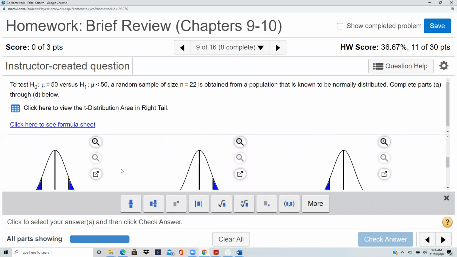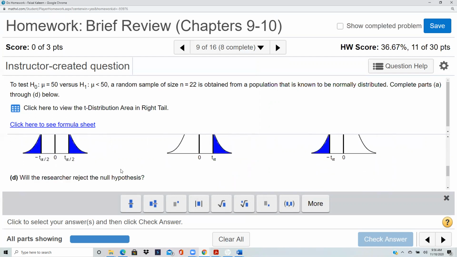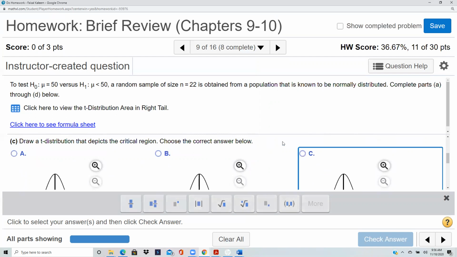Okay, which graph is it? Wouldn't it be this last one? C? No, it's left tail. Okay.